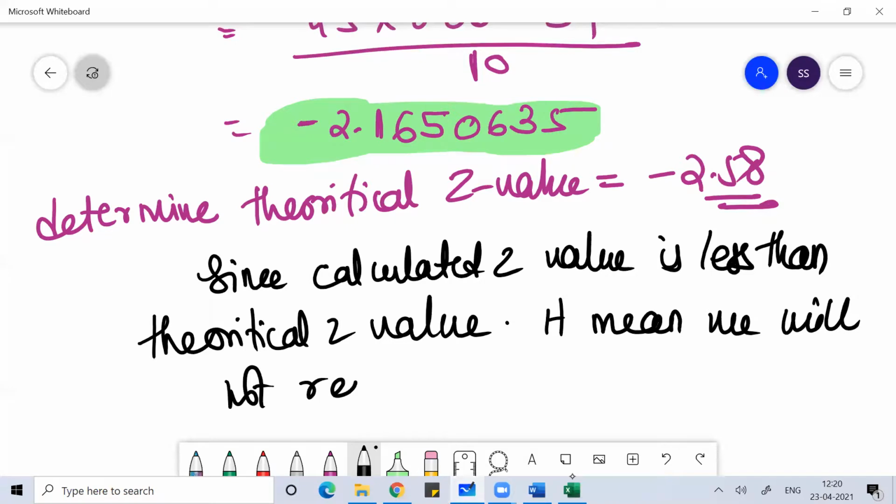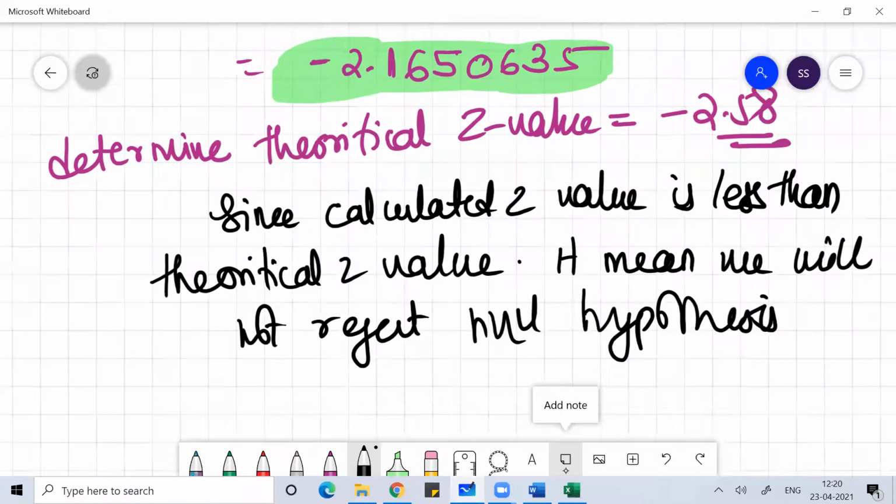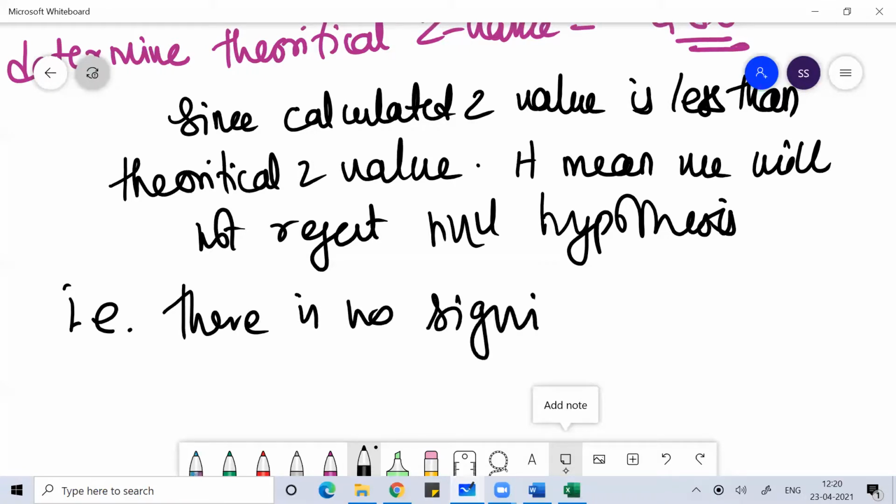If you are not rejecting the null hypothesis, what does that mean? That means there is no significant difference.